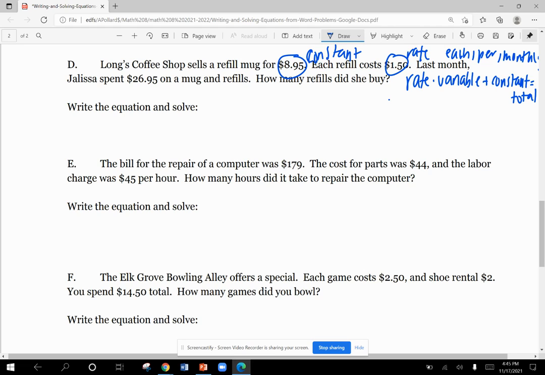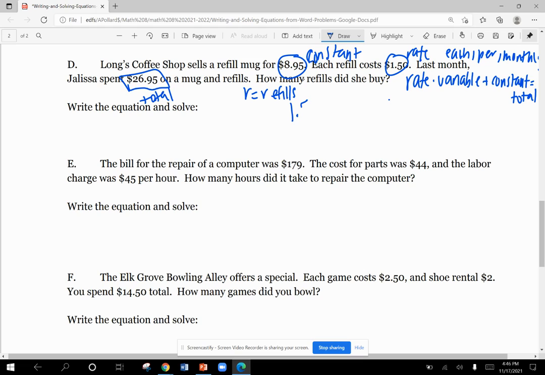Last month, she spent $26.95, so that's going to be our total. That's how much she spent in total. And then how many refills did she buy? So it's asking for refills. We want R as refills. So we're going to have 1.5 as our rate.